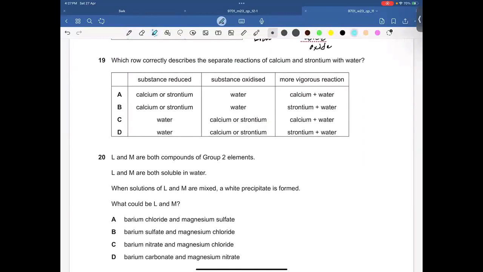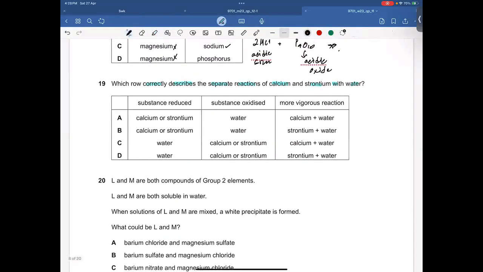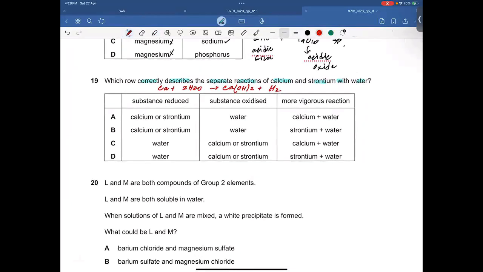Which row correctly describes the separate reactions of calcium and strontium with water? Okay. So when calcium reacts with cold water, it is converting into calcium hydroxide and hydrogen gas. So we have +1 charge here, 0 here. So a decrease in oxidation state.